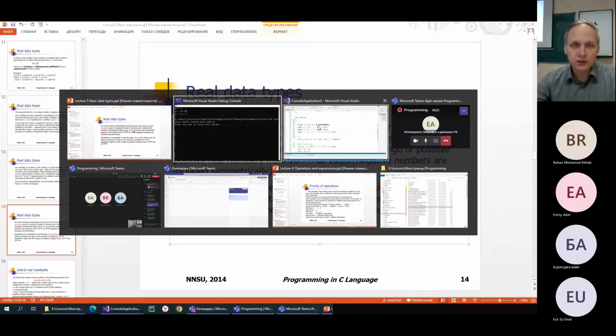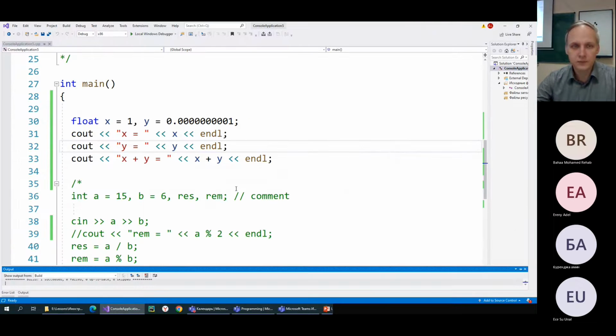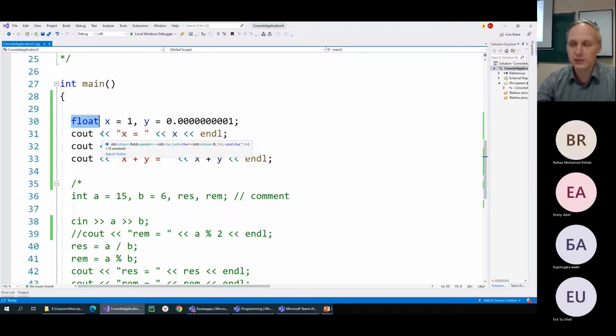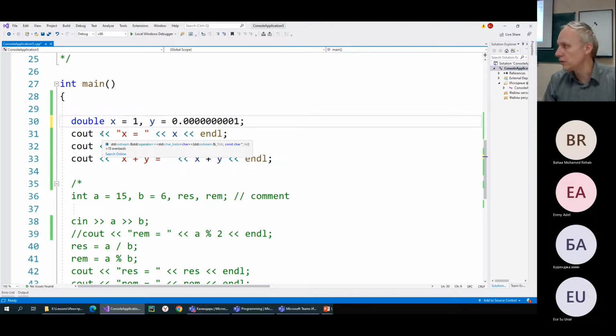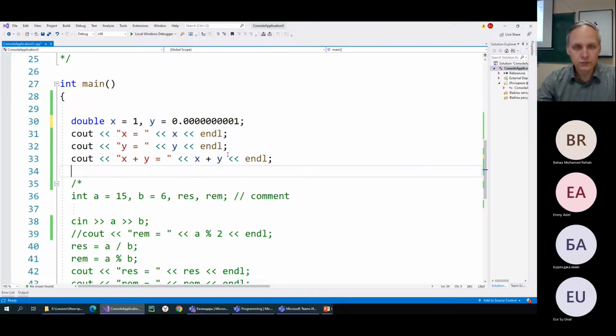So I can write here not the float type with single precision, but double, the more powerful type with high precision. In double, the number of digits in the fractional part is 16 or 15.